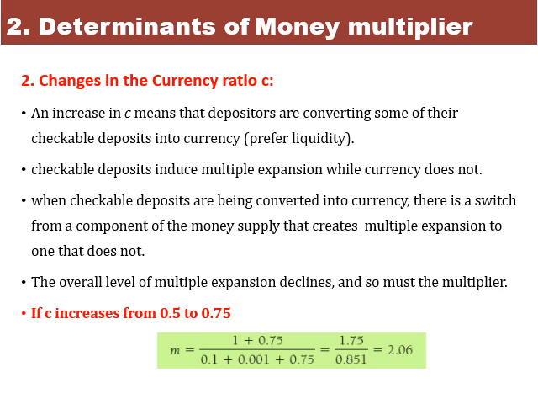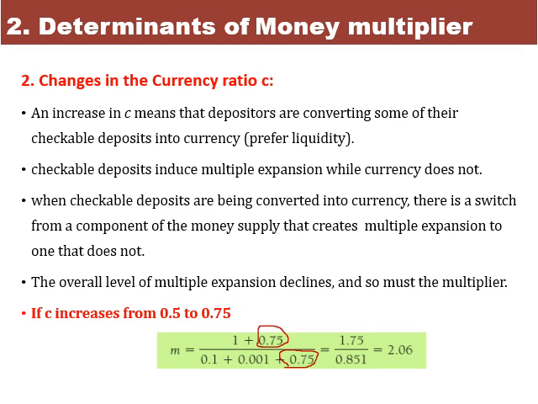We will use the same values as before, but the only factor that will change here is the currency ratio. So we will substitute the old values, but here we will replace 0.5 by 0.75, which is the new currency ratio. We will replace it here and here.